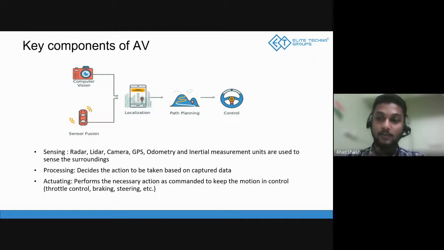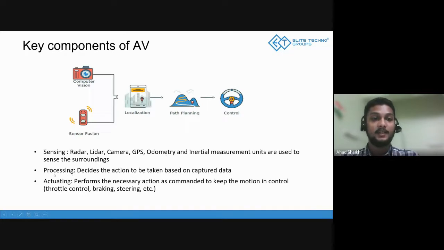Then there is odometry, to know what speed it is running at, and inertia measuring instruments. Basically these are sensors which calculate the speed and acceleration of the vehicle. These are used to sense the surroundings so that the vehicle can know its path.